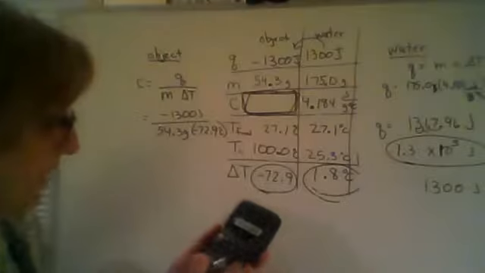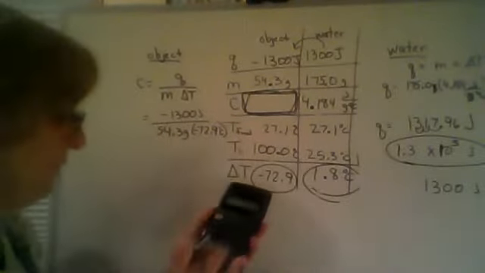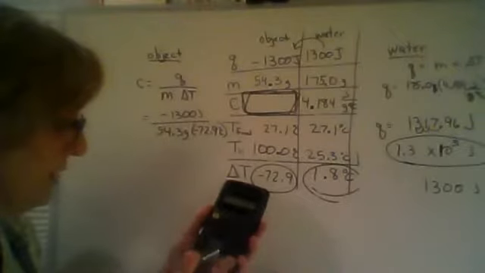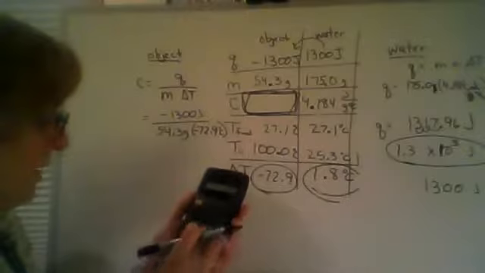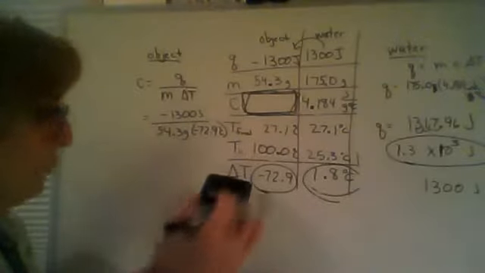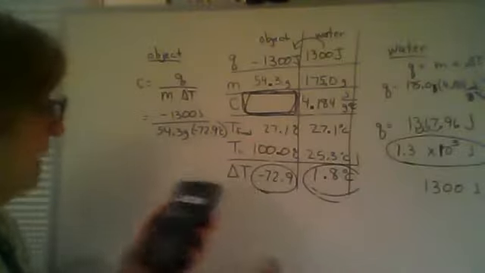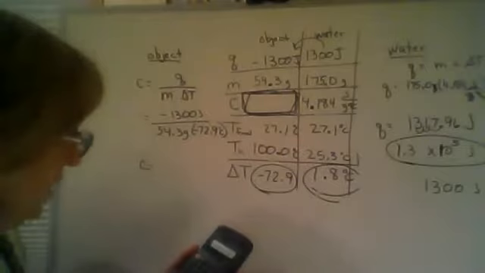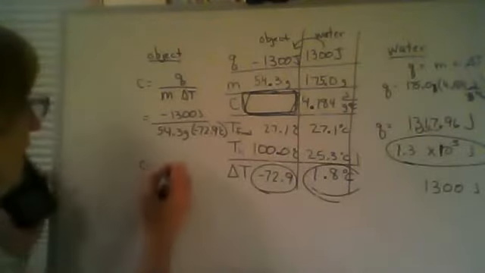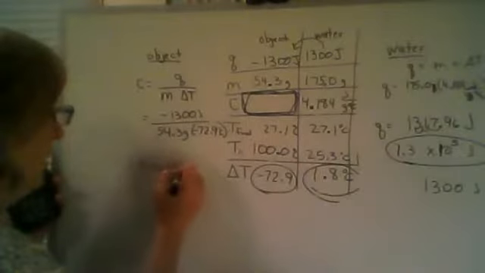No. 1,300 divided by left parentheses 54.3 times negative 72.9 in parentheses and then equals. And that gives you C is 0.328.